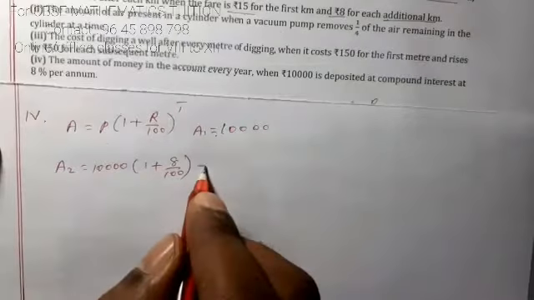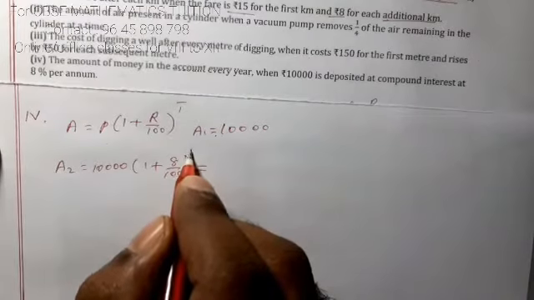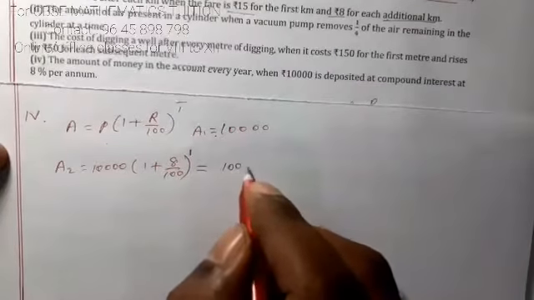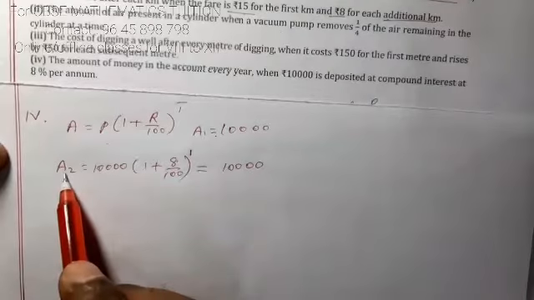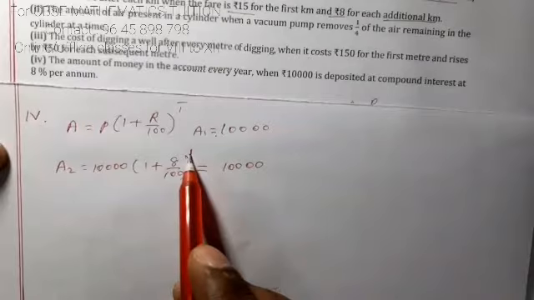which is equal to the first year. After the first year, it means only 1 year of interest is being added. So we get 10,000. The second year starts, which means there is only 1 year of interest, so that's why we are using time period 1.